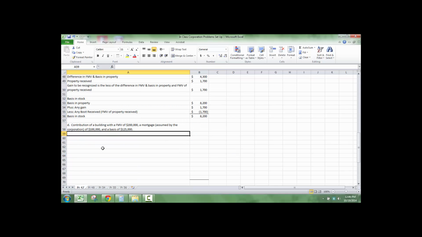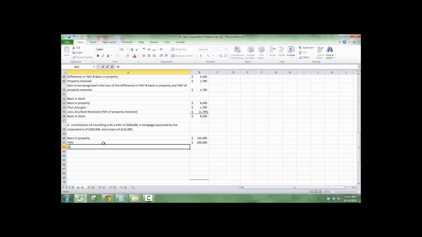Alright, and our final one. We have contribution of a building with a fair market value of $200,000 and a mortgage assumed by the corporation of $100,000, and a basis of $125,000. So I'm just going to put down some given information here. We have basis in property. We have fair market value of the property.